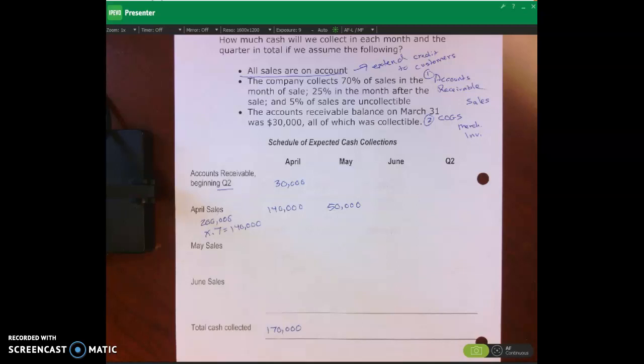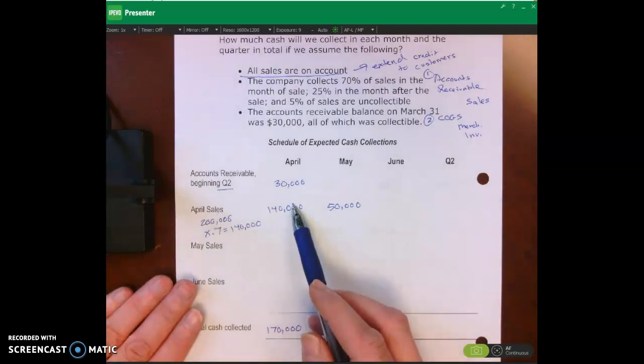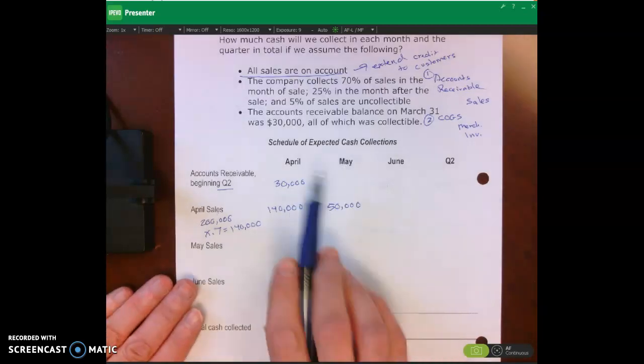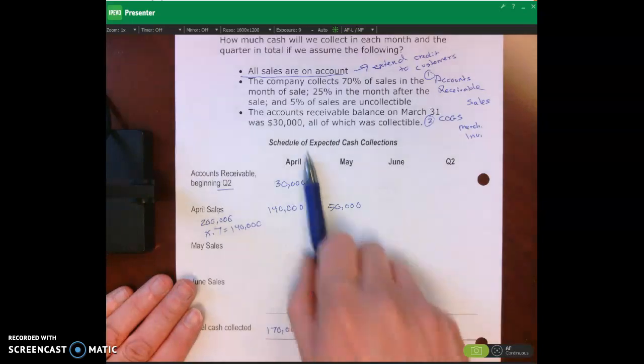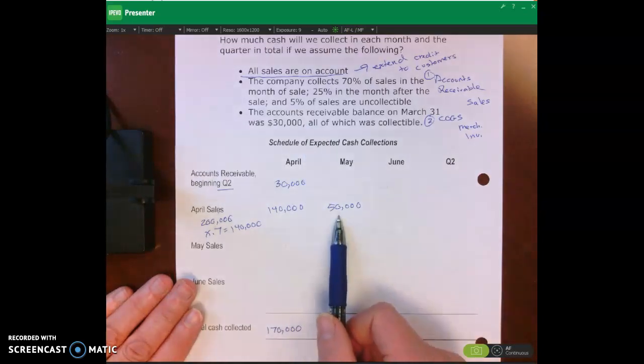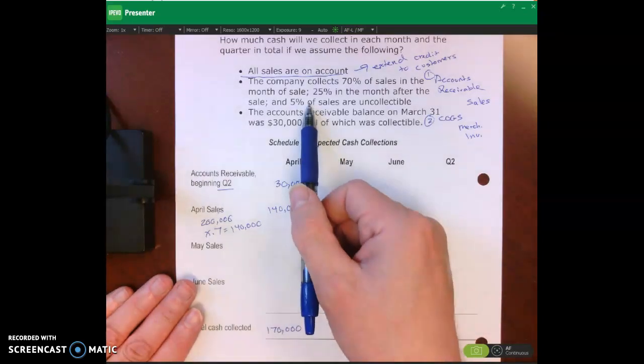Okay, now I have a question for you. I want you to think about what the accounts receivable balance would be at the end of April. If we did a balance sheet at the end of April and accounts receivable shows up on it, what would be the balance? Let's think about this together. Well, it's $50,000, and I'm talking about after the allowance for doubtful accounts.